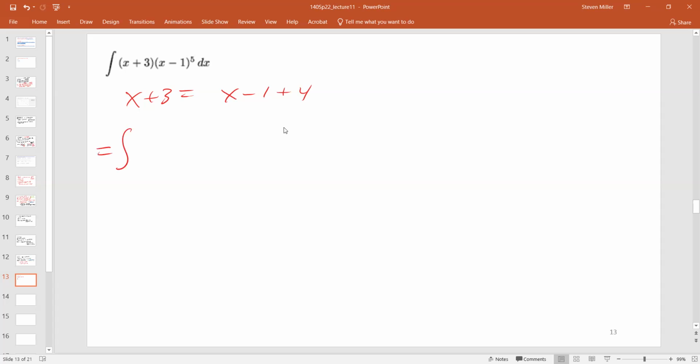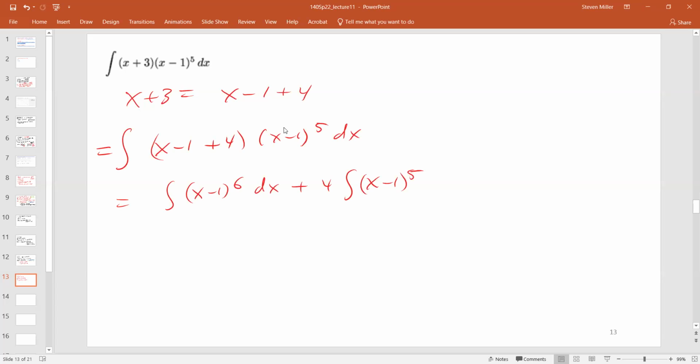Then my integral would be the same as the integral of x minus 1 plus 4 times x minus 1 to the 5th dx, which is the integral of x minus 1 to the 6th dx plus 4 times the integral of x minus 1 to the 5th dx, which would then just be x minus 1 to the 7th over 7 plus 4/6 x minus 1 to the 6th plus c. So it's a very similar way to do it, just rewriting things in a nice way.